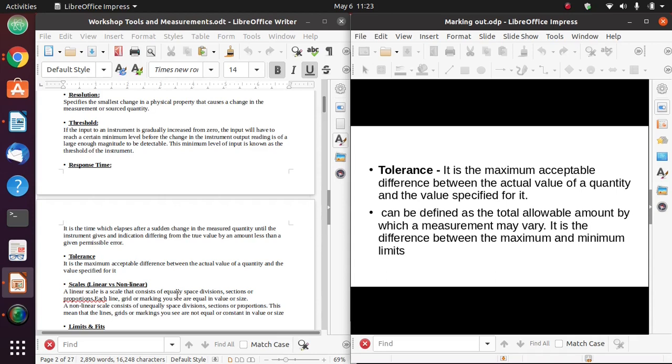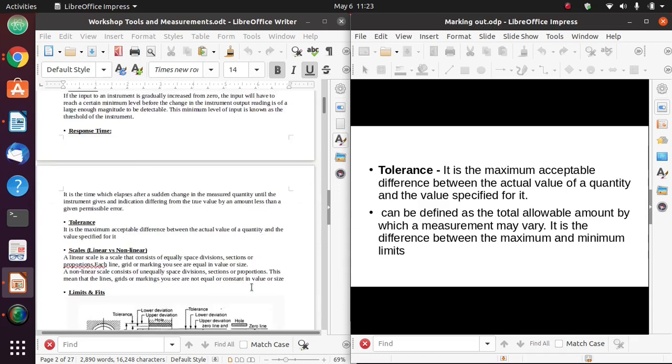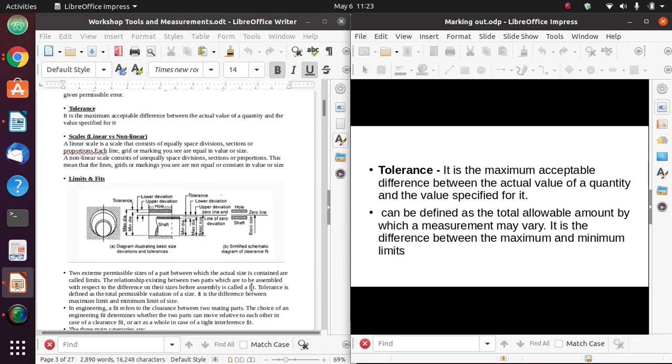Now, when I say plus or minus, it means that there is a maximum limit that tolerance can go to, and you also have a minimum limit that tolerance can go to. This maximum and minimum permissible, or those extreme measurements in which the actual size is contained.